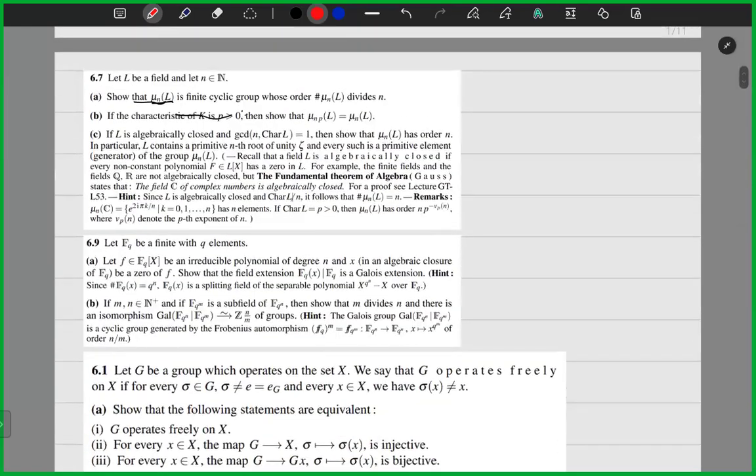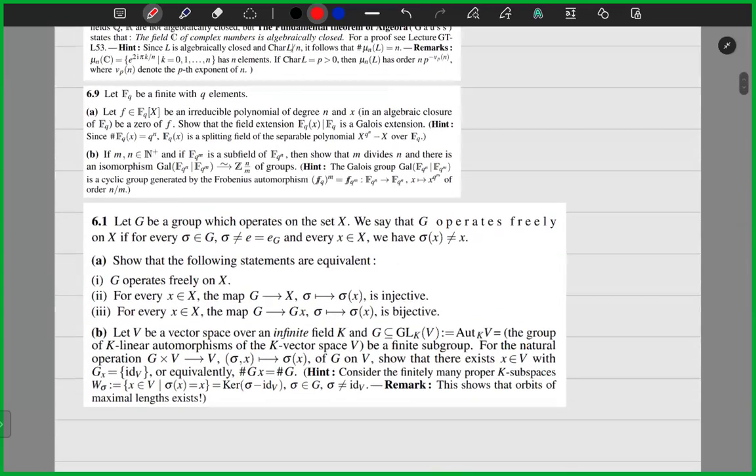I should not, but anyway, we'll arrange the PDF.